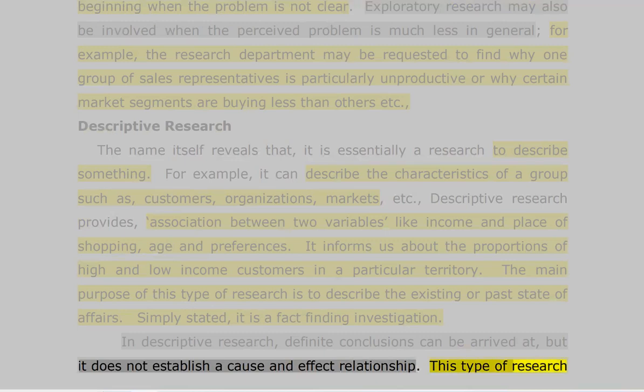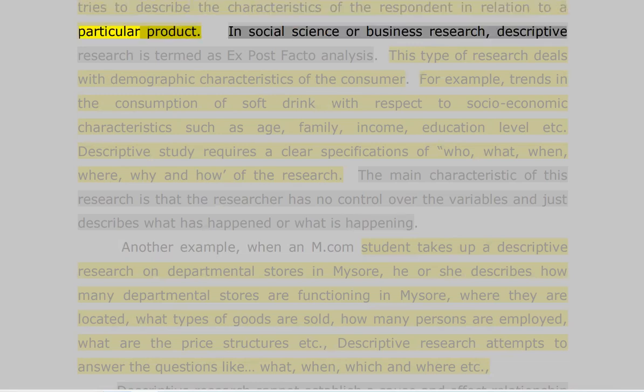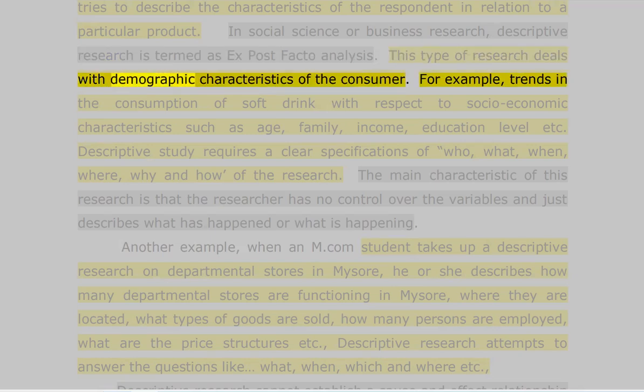This type of research tries to describe the characteristics of the respondent in relation to a particular product. In social science or business research, descriptive research is termed as ex post facto analysis. This type of research deals with demographic characteristics of the consumer.